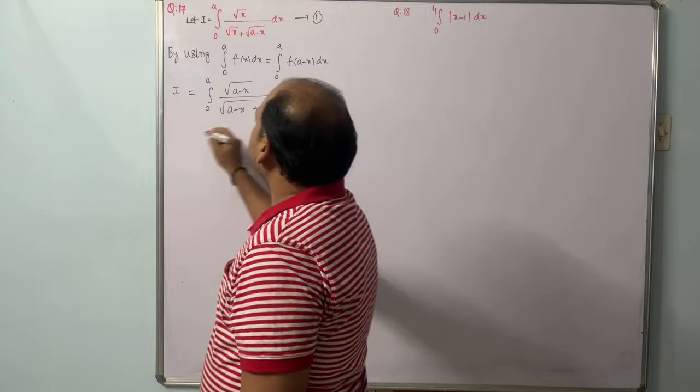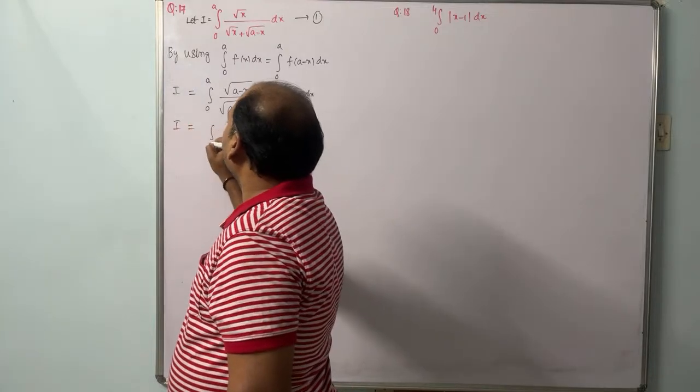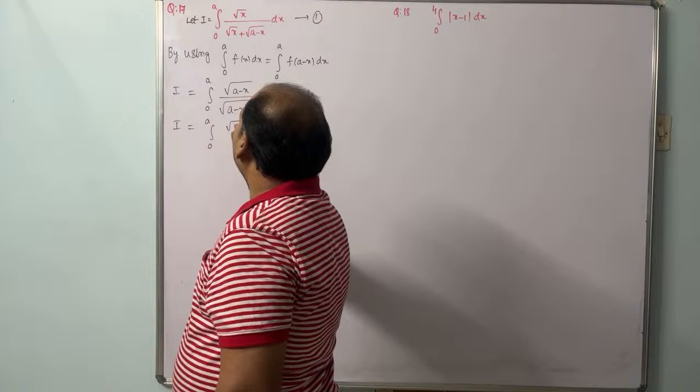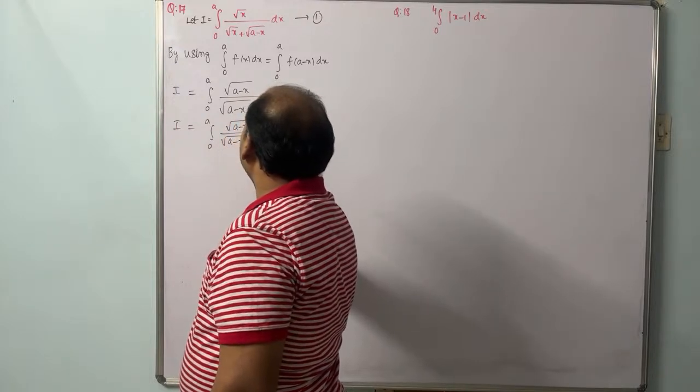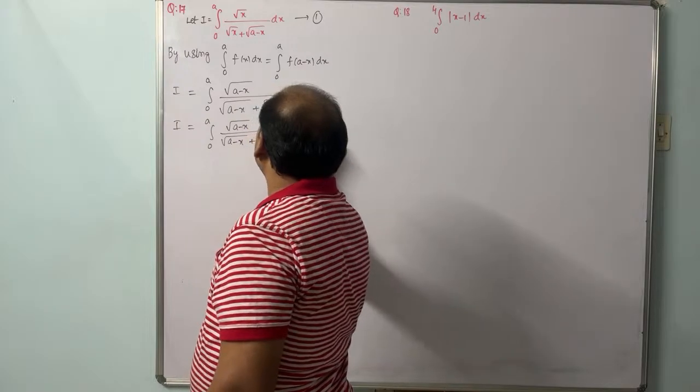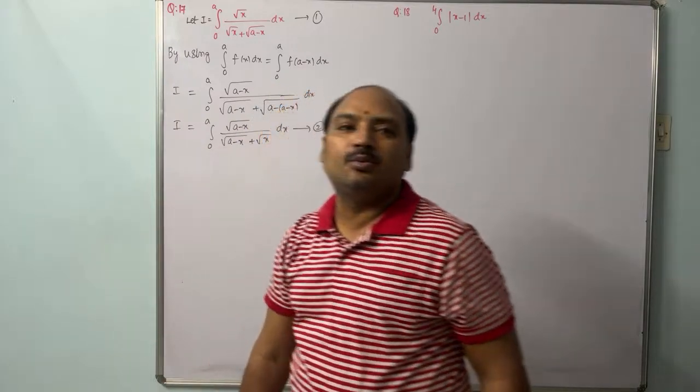So I equal to integral 0 to a root a minus x by root a minus x plus root x into dx. Equation number 2.